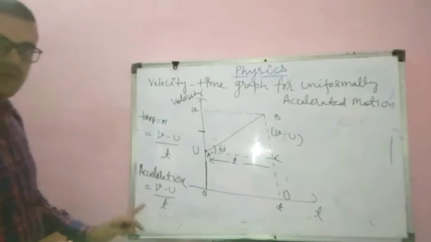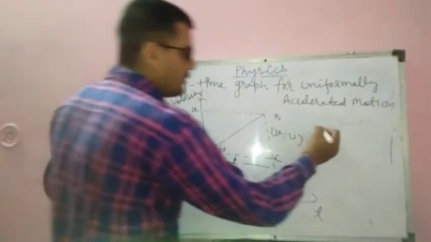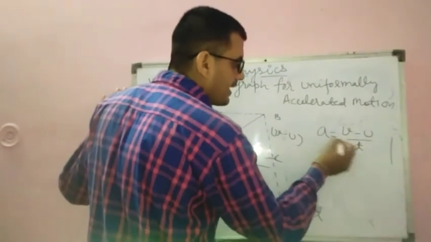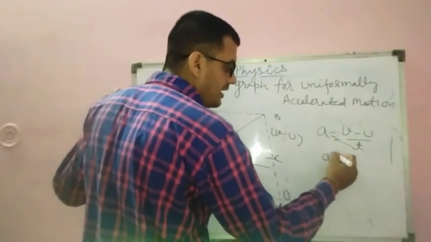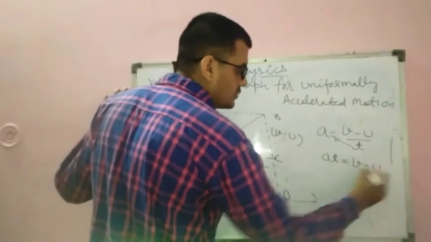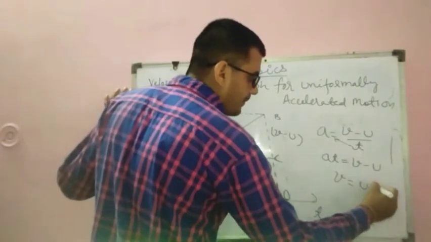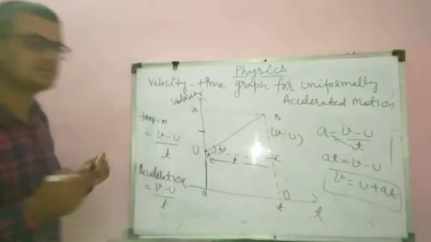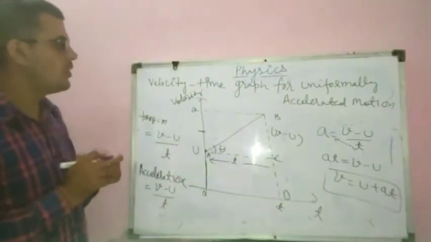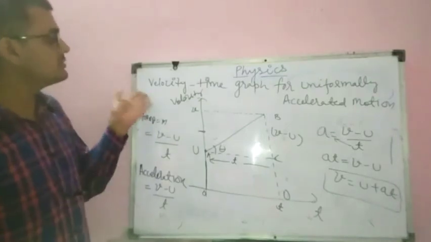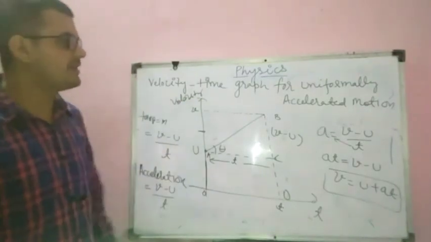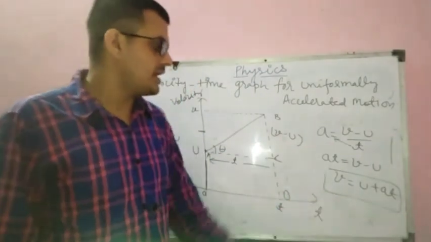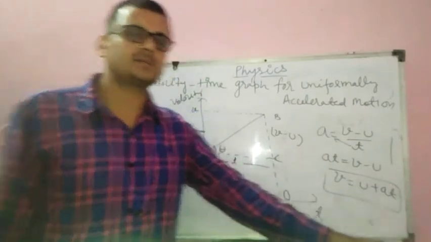Students, what we got from here is a equals v minus u upon t. Do the cross multiplication: a into t equals v minus u, or v equals u plus at. This is the first equation of motion. So by using the velocity-time graph for uniformly accelerated motion, we got the first equation of motion, v equals u plus at.